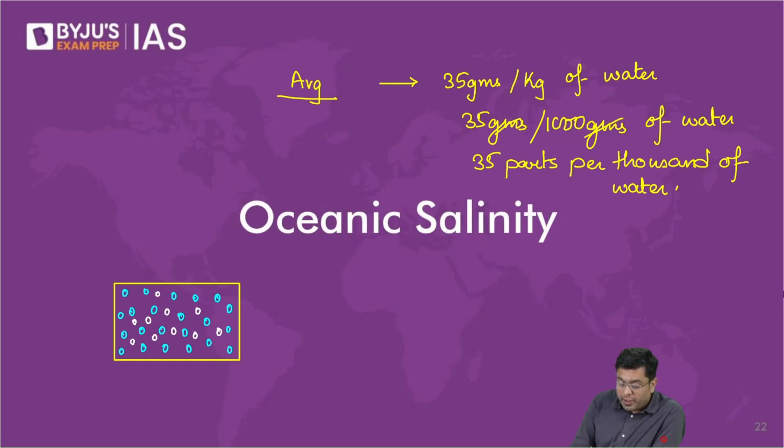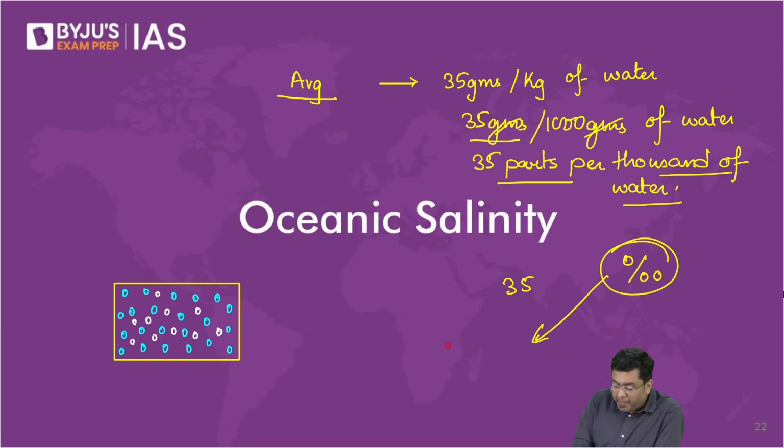So if you have the amount of salt to be around 35 grams in 1 kg of water, that is where we can say that you have 35 grams in 1000 grams of water. So we can say that salinity will be represented as 35 parts per thousand of water. This is parts per thousand.